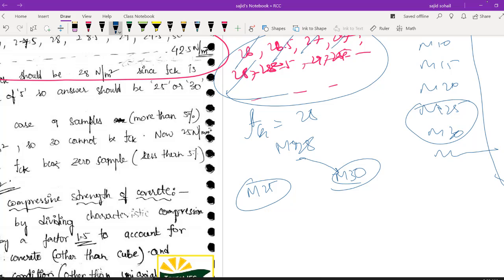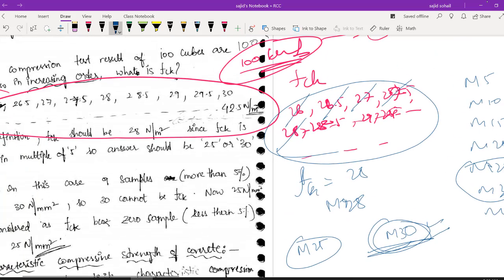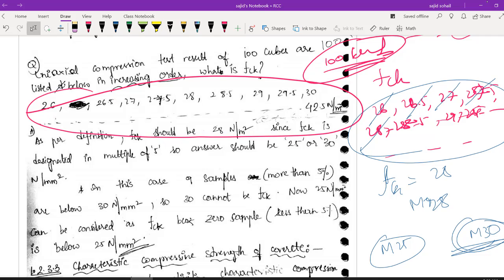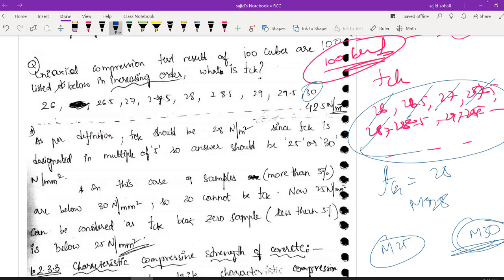So some people, some genius, what they do is they will tick on M30 concrete and they will be losing their marks. Let us be very clear. If you are marking this as M30, then you have some problem. What is that problem? Whenever I am taking my characteristic FCK as 30, I have 1, 2, 3, 4, 5, 6, 7, 8, almost 9 samples failing at this strength of 30.